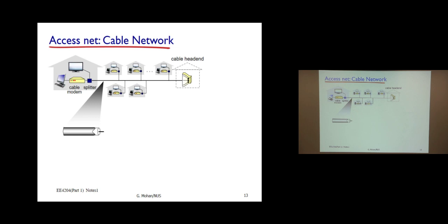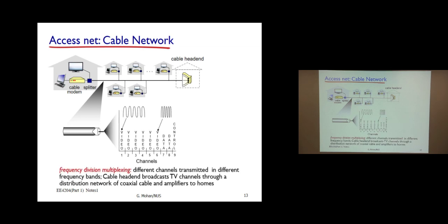Now look at the cable-based access network, which is promoted by, as I said before, any TV service providers like StarHub. In terms of the black box level, it looks similar to that, but the difference is we use the cable TV socket in our house to connect to the TV as well as to a modem which is provided by the service provider.